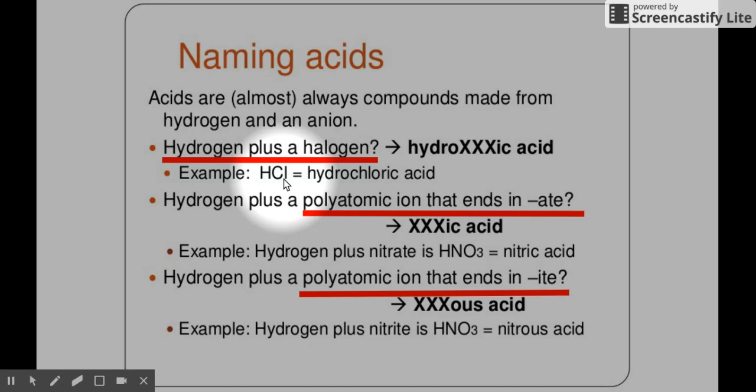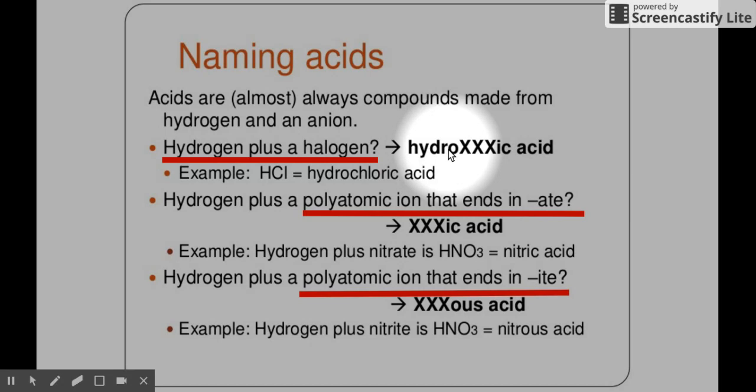Very easy. If it's a binary acid, all you need to do is remember this method. Use the prefix hydro, then the XXX represents the name of your nonmetal, and you let it end in ic, then a space, then the word acid. So hydro blank ic acid. In this example, since it's chlorine, chlorine will be inserted in the XXX.